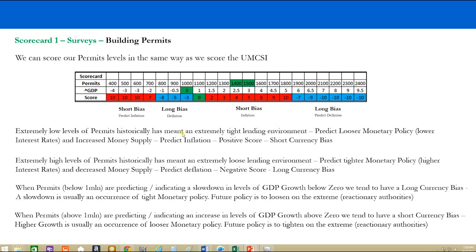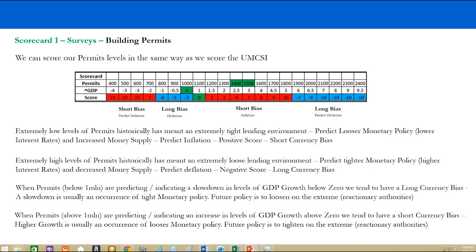So when we look at the section in between, when permits are below 1 million, so we're looking around this level here, we're predicting or indicating a slowdown in future levels of GDP growth, and we tend towards a long currency bias.